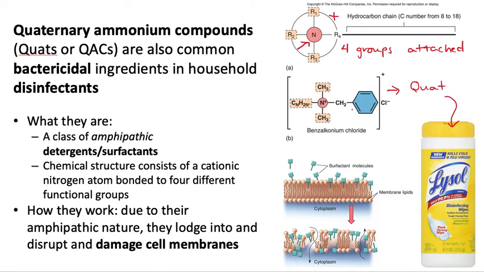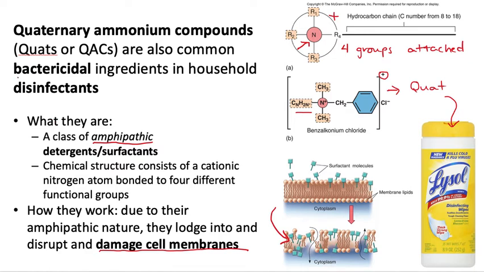And because they are ionic and hydrophobic over on this end, so you see we've got a hydrophobic region, and then because of the ion, it's also hydrophilic. And things that are both hydrophilic and hydrophobic, we call amphipathic. And because they're amphipathic, they'll lodge into cell membranes. Therefore, the mode of action of these is they break up or damage cell membranes.